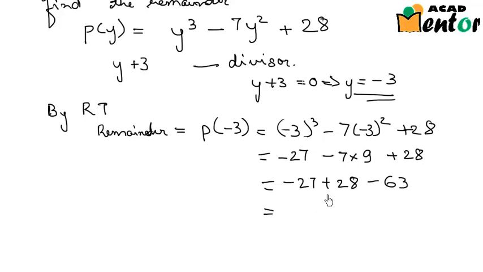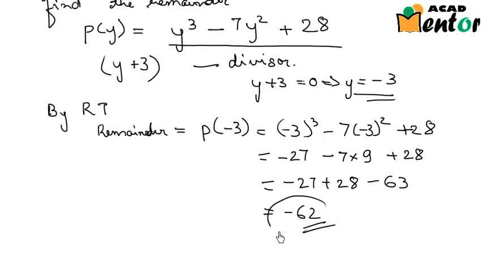So from here I would get plus 1 minus 63, which is nothing but minus 62. So the remainder, when this particular polynomial p of y, that is y cube minus 7y square plus 28, is divided by y plus 3, would be negative 62. That's your application of the remainder theorem.